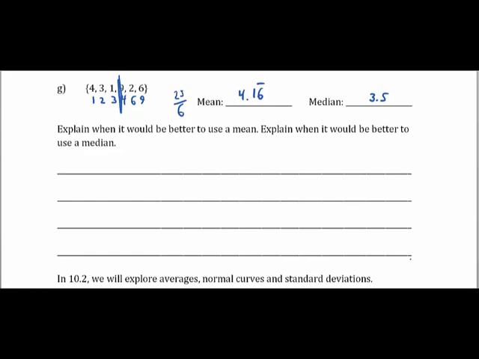It would also be better to use a mean when you have to include all of the data points and you want to be cognizant of outliers. Well, when would it be better to use a median? The median definitely shines when you're trying to find the best representative number of a skewed data set. That way the outliers that it is resistant to will not affect the number that best represents the data set.